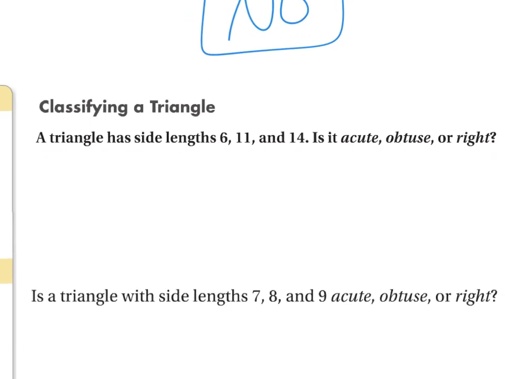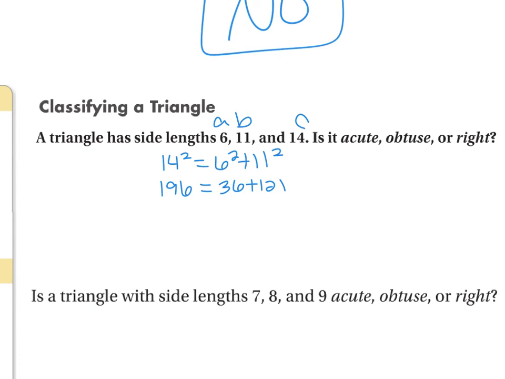A triangle has side lengths 6, 11, and 14. Is it acute, obtuse, or right? Let's just start it. We know this one has to be our c, and we'll call this a and b. Now remember, you're going to write it backwards. 14 squared equals 6 squared plus 11 squared. So that would be 196 equals 36 plus 121.